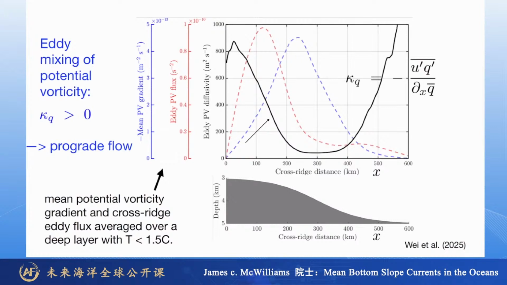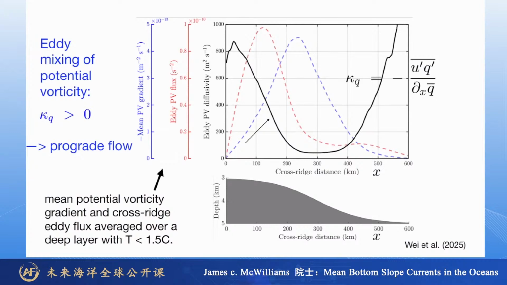The ratio of eddy potential vorticity flux to the mean potential vorticity gradient is called the eddy potential vorticity diffusivity, as defined on the right side of the plot. And what you see is that the eddy potential vorticity diffusivity is essentially positive everywhere.